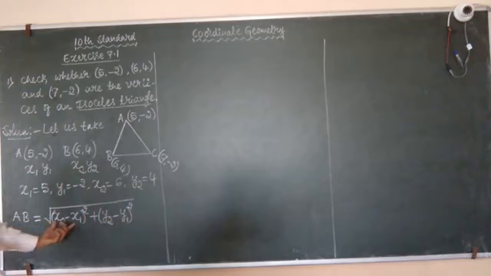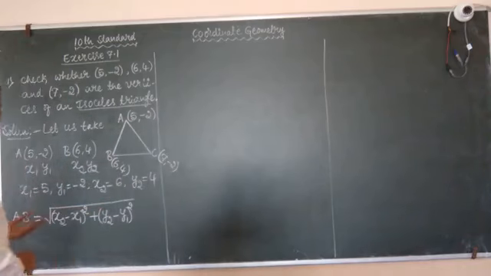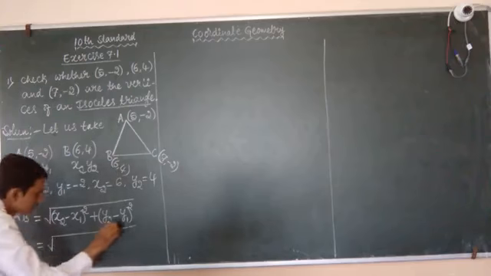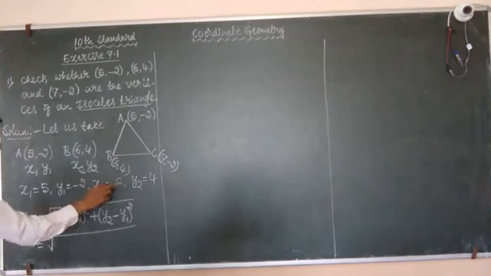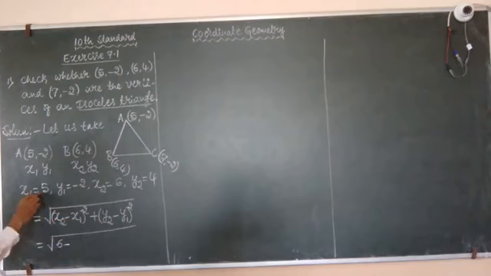AB equals root of (x2 minus x1) whole square plus (y2 minus y1) whole square. Now substitute the values. So it will be equal to root of, the value of x2 is 6 minus x1 is 5.